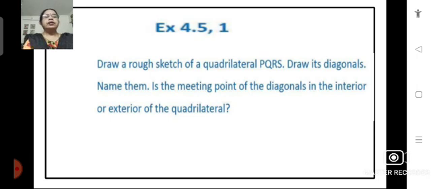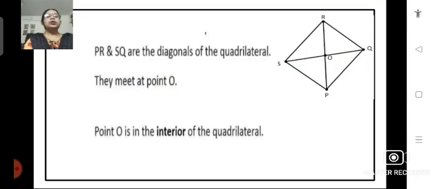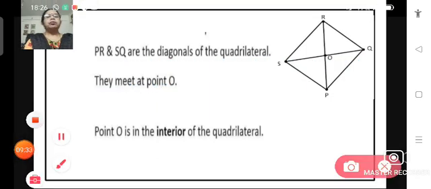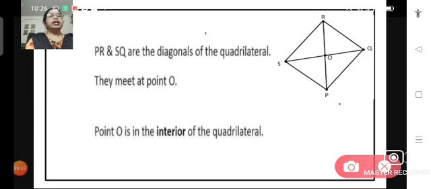Quadrilaterals are 4-sided polygons. So here we have this quadrilateral PQRS. We have named this quadrilateral in a cyclic manner, PQRS. So we will draw 2 diagonals joining the opposite vertices.